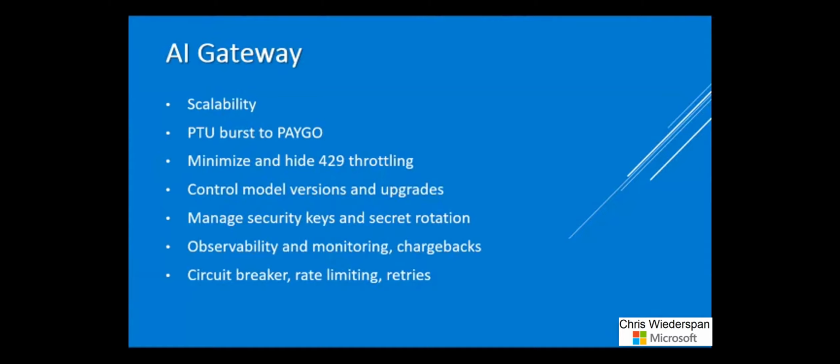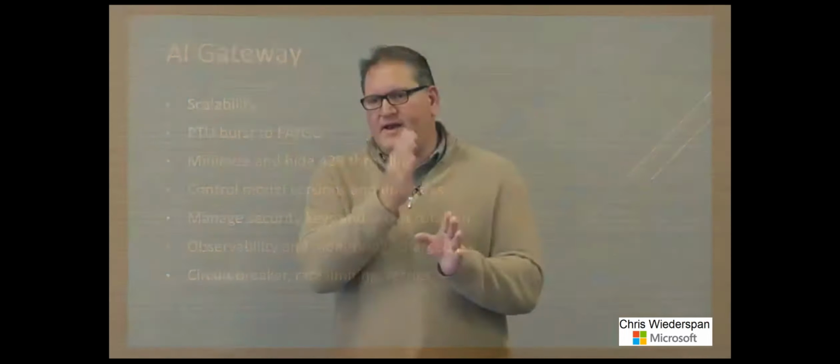If you're familiar with API management, I can run API management as my AI gateway layer. I can use OAuth authentication or whatever certificate-based authentication I want. And I can bury all of those secrets and the technical implementation down below that AI gateway so that my apps never have to worry about that.